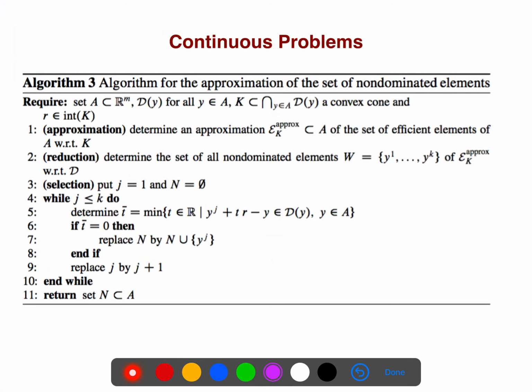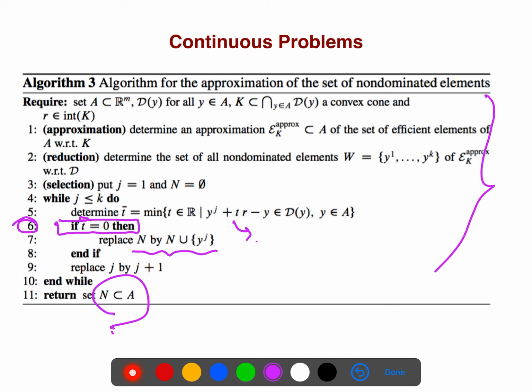And that's why in this algorithm, at line 6, we say that if t bar is equal to 0, in order to satisfy the theorem, then we can add it to our non-dominated set. Then it is one of our non-dominated points.